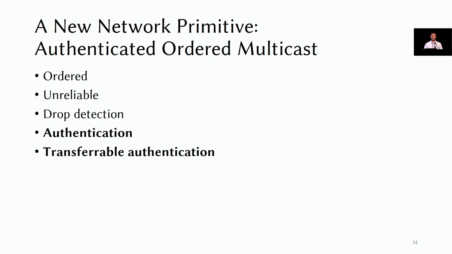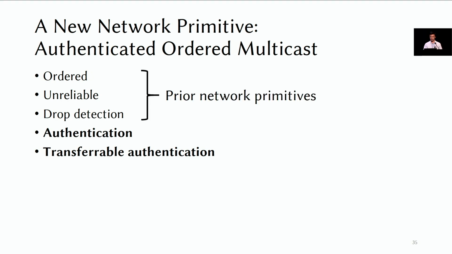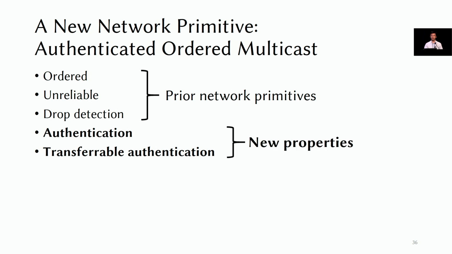We designed a new network primitive called Authenticated Ordered Multicast, or AOM, which augments prior network primitives to provide in-network ordering for BFT protocols. It has similar properties to prior primitives like ordered, unreliable, and drop detection. But for the first time, in-network ordering can provide authentication and transferable authentication properties.